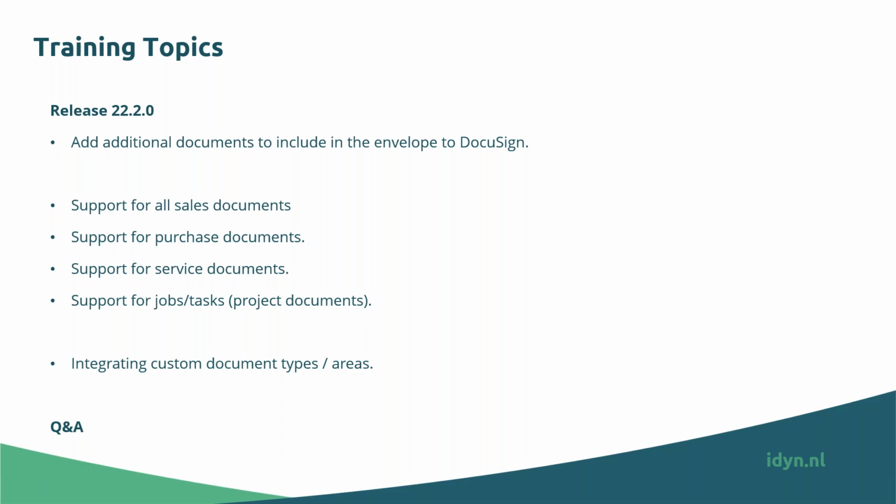That last part means that we allow uploading additional files during the process of sending it to DocuSign. Currently we don't allow additional reports to be generated during processing based on some records.